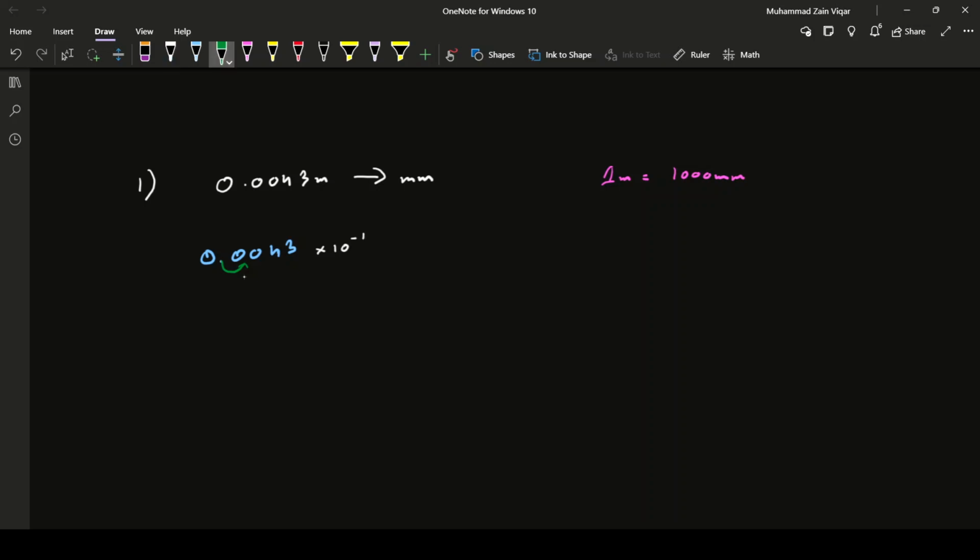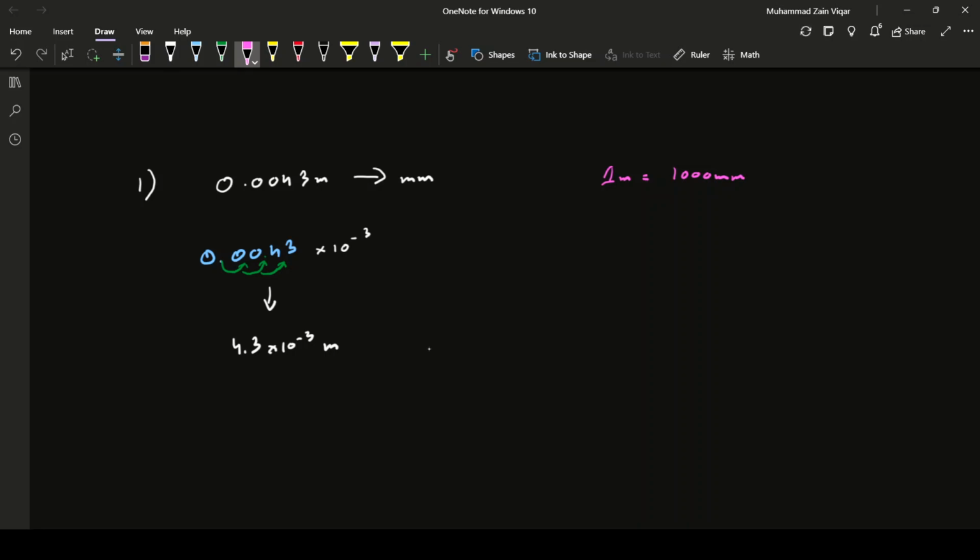Then when I move it by another digit, the power changes from -1 to -2. And then if I change that again, my power changes to -3. So this number converts into 4.3 times 10 to the power -3 meters.